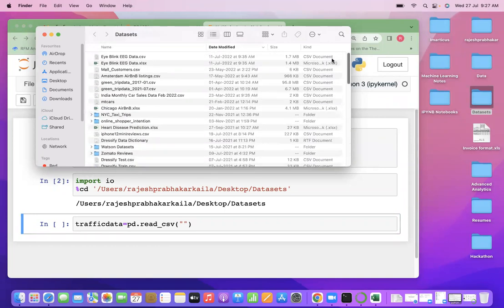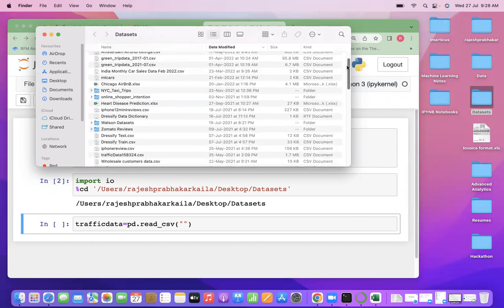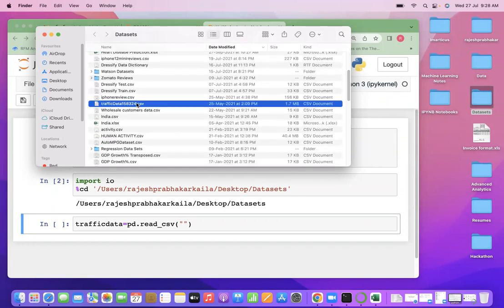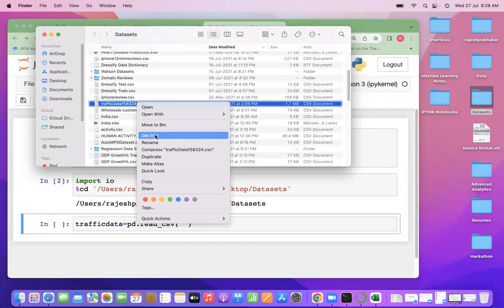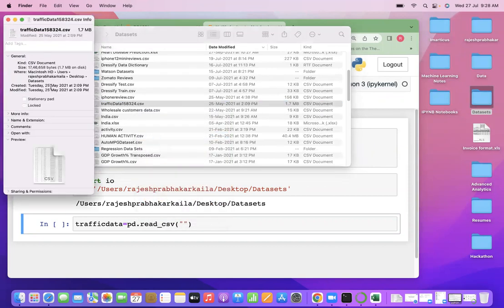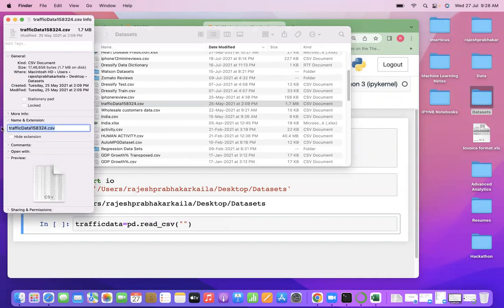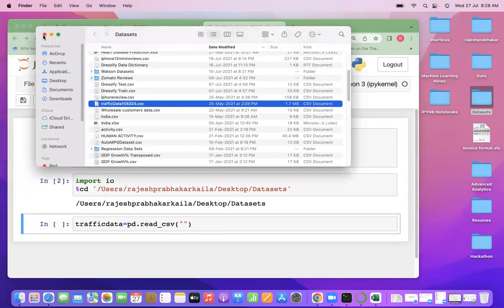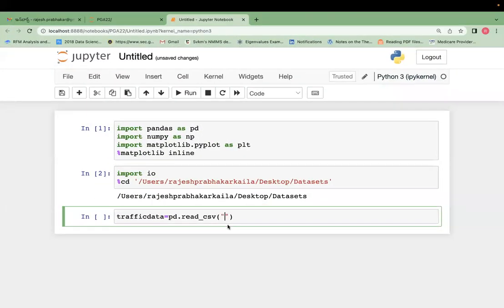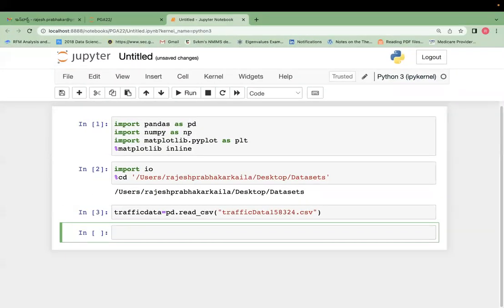Let's see, here is the traffic data. So this data is all about traffic data dot head.